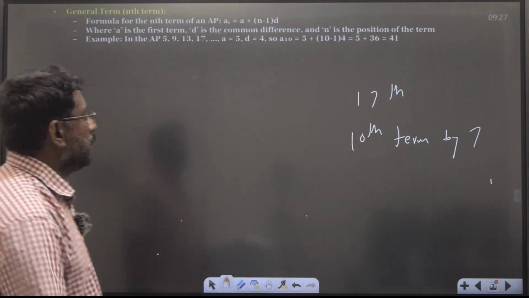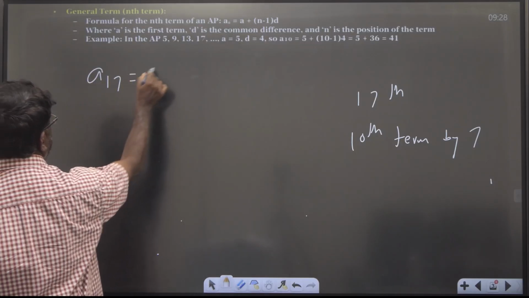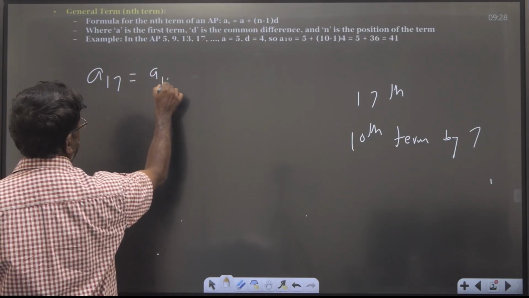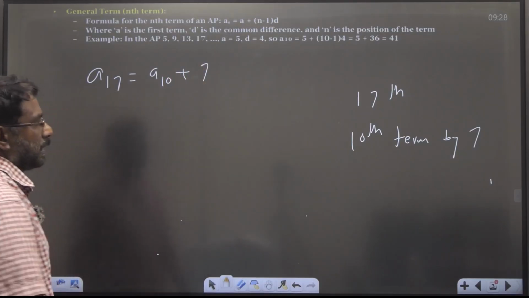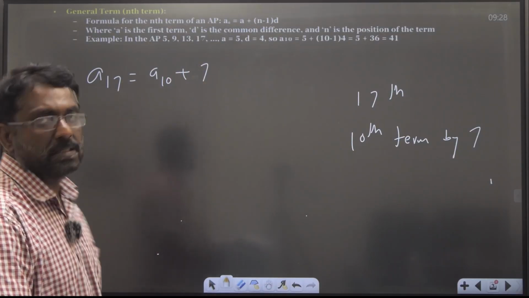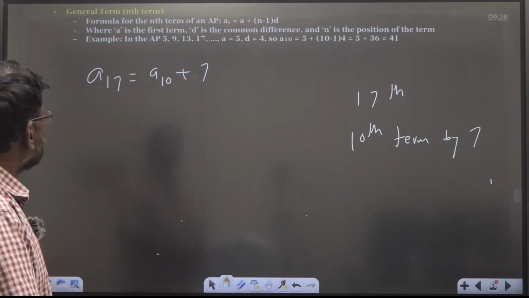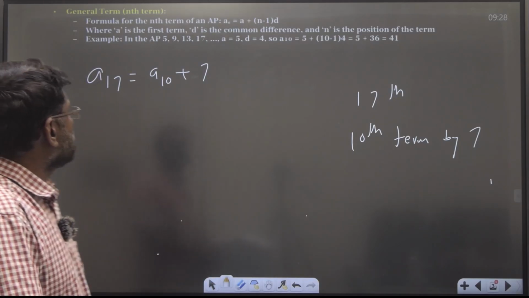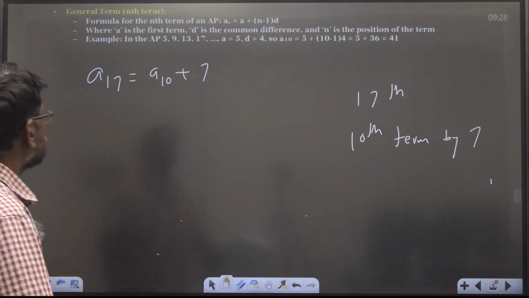As per the question, it is given that A17 is equal to A10 plus 7. Exceeds means plus, adding.